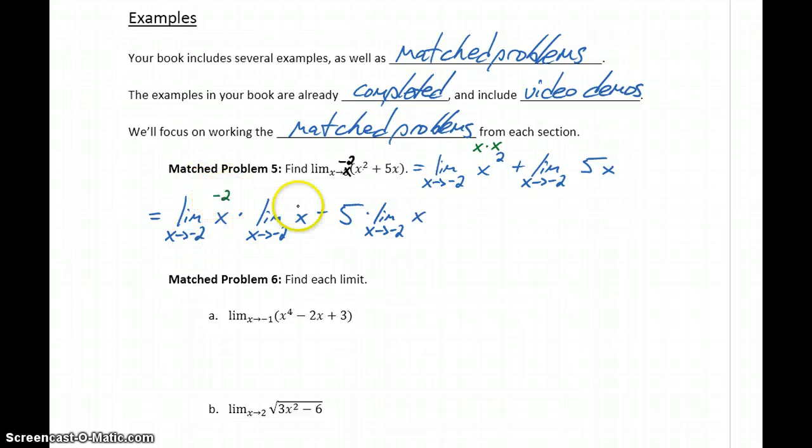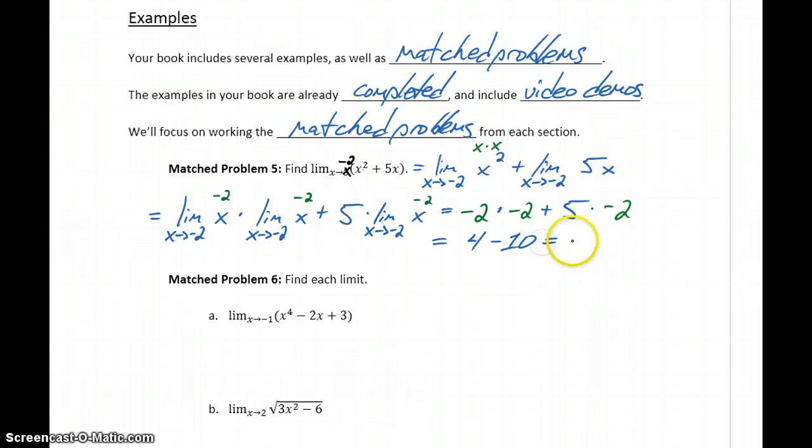So this is -2, -2, and -2, which means our final answer is going to be -2 times -2 plus 5 times -2. Or -2 times -2 is going to be +4 minus 10 gives us -6 as our final answer.